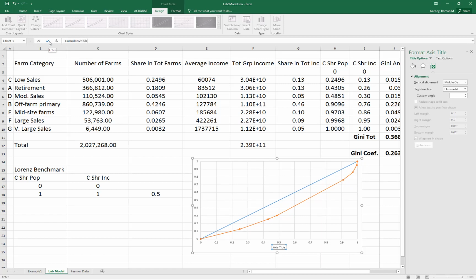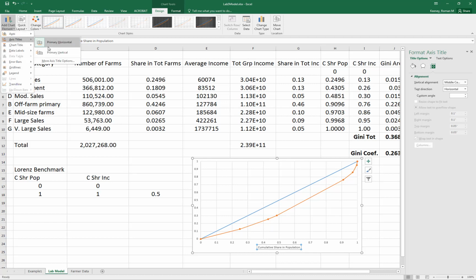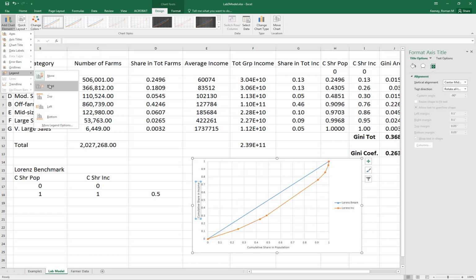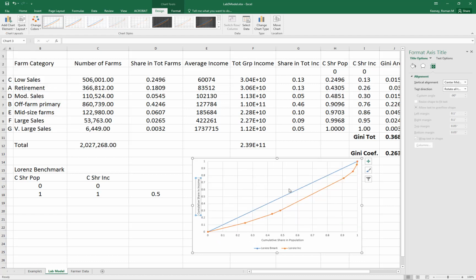Because these could be flipped, or because people may not know exactly what's doing, and add a designation or a title for the horizontal axis, and then you could add chart element to the vertical, like this, and then of course you might distinguish between the blue and the orange line, which I guess would be adding a legend, and I like to put them on the bottom.